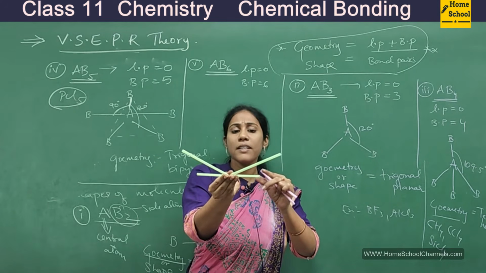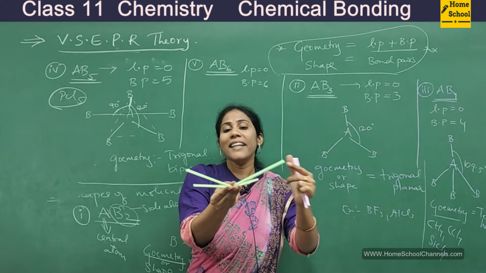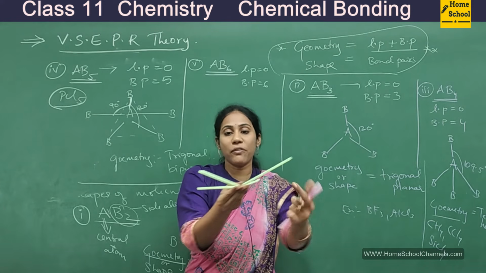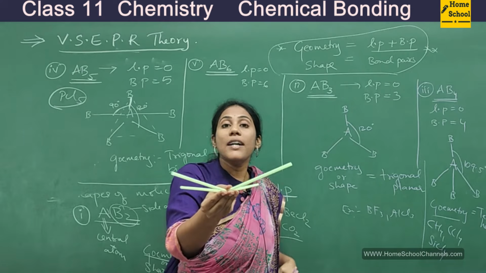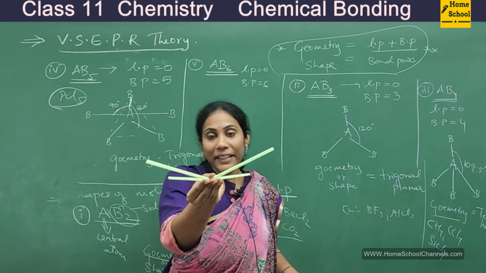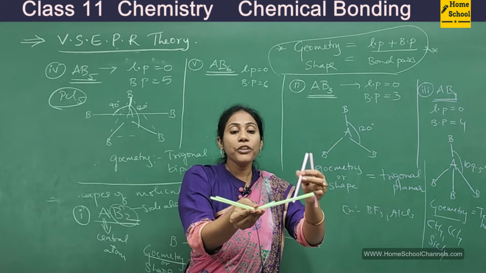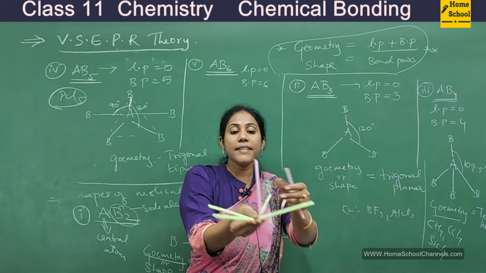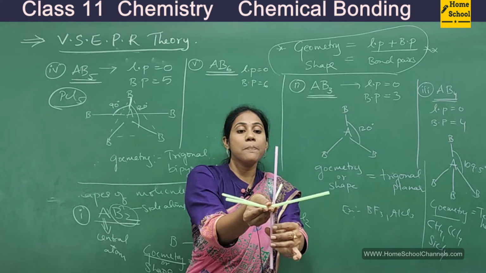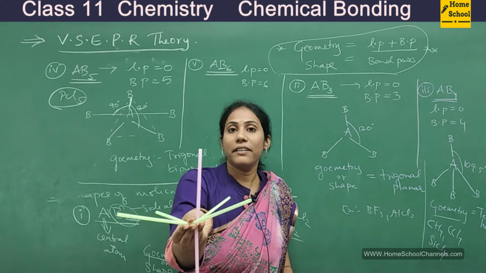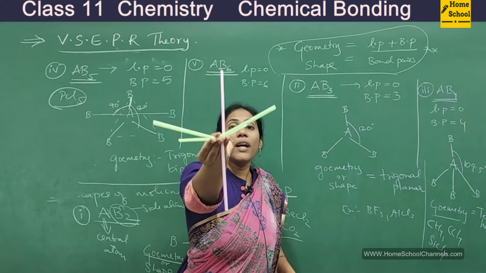Among the 6 bonds, 4 bonds I arranged in the shape of a square. Now you see, the 5th bond is above the plane of the square and the 6th bond is below the plane of the square, right?